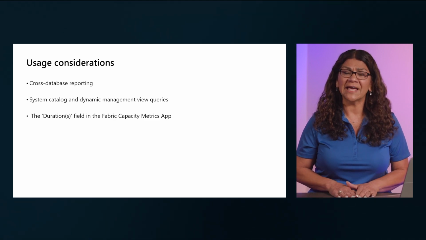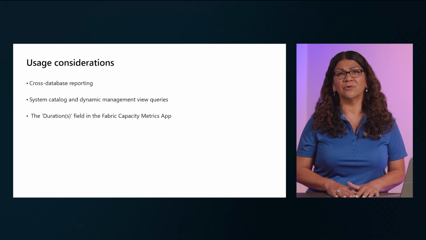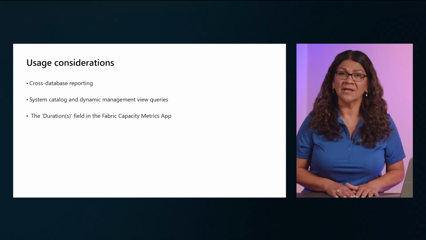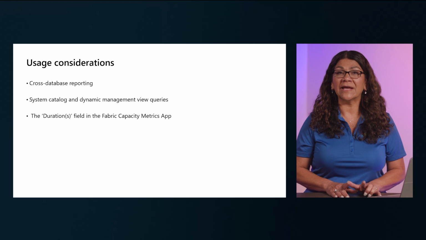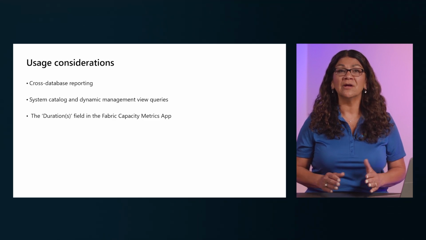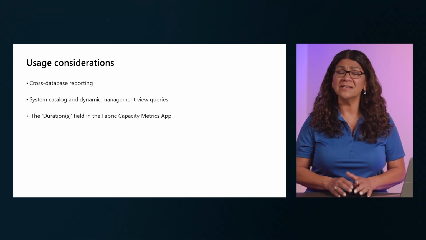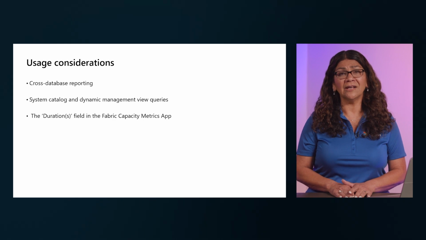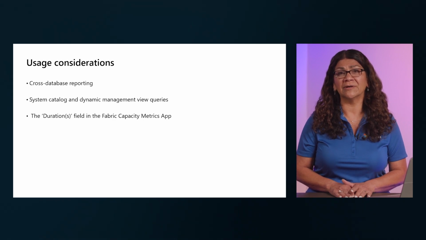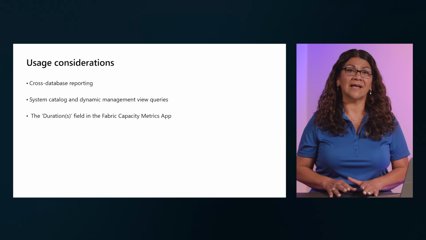Note that the system catalog and dynamic management view queries are billable. And lastly, the duration field in the Fabric Capacity Metrics app reflects statement execution time. It is informational. It may not include a full result rendering time for the web or client apps.